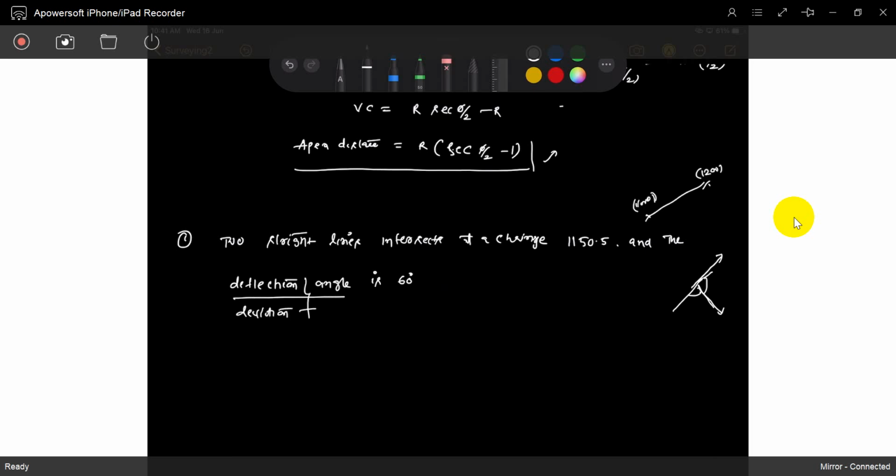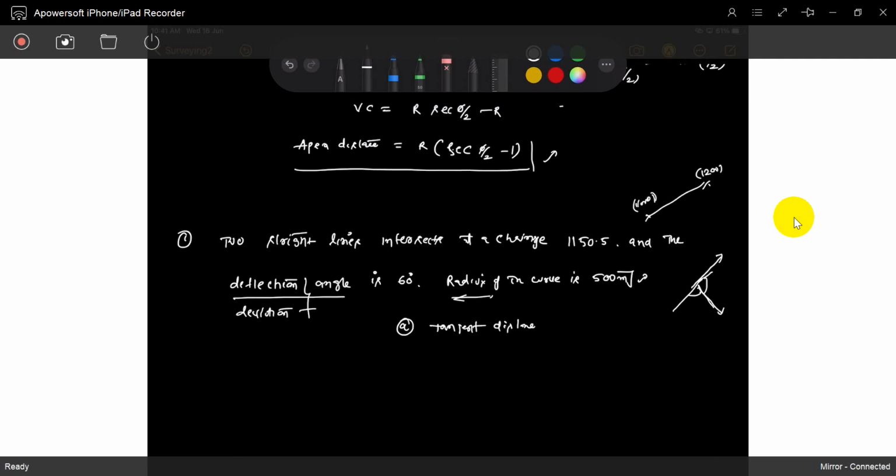Some textbooks write intersection angle; just strike that out. So 60 degrees, and the radius of the curve is 500 meters. The radius comes from transportation needs, based on comfort and vehicle weights. We fix the radius of the curve. So now calculate the tangent distance.